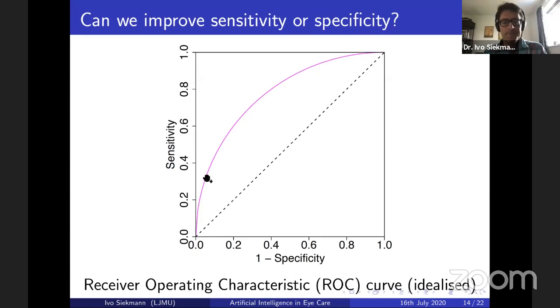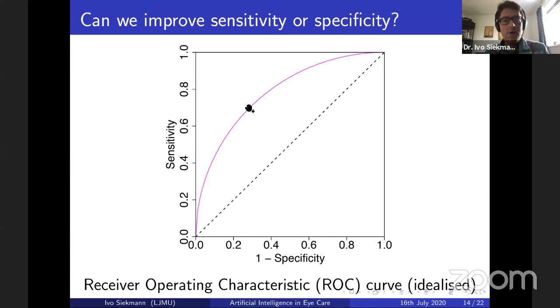And in practice, you can decide if you either move somewhere here, so you have a method that is quite specific but not very sensitive, or you move here, so you try to be very conservative in assessing someone as sick, but you get the risk that more people are classified as sick incorrectly.